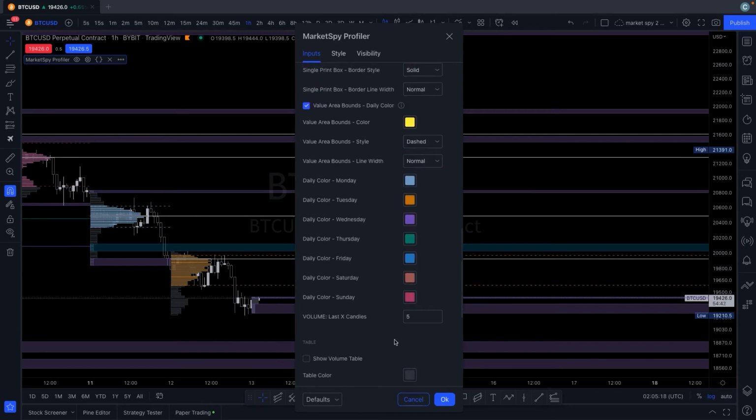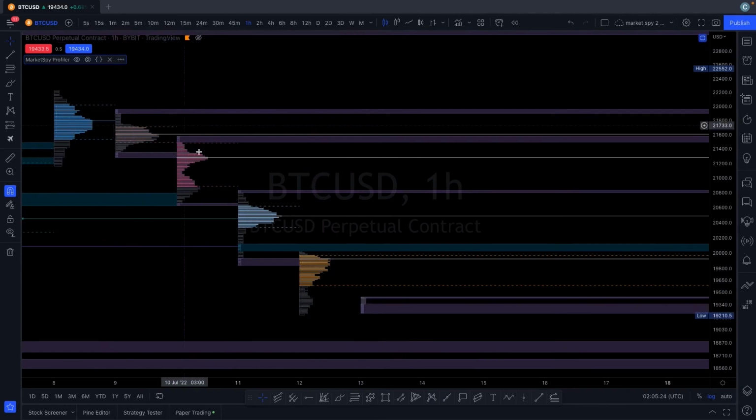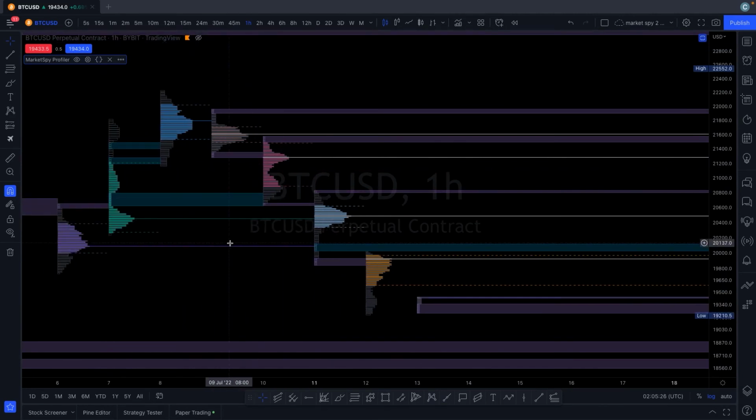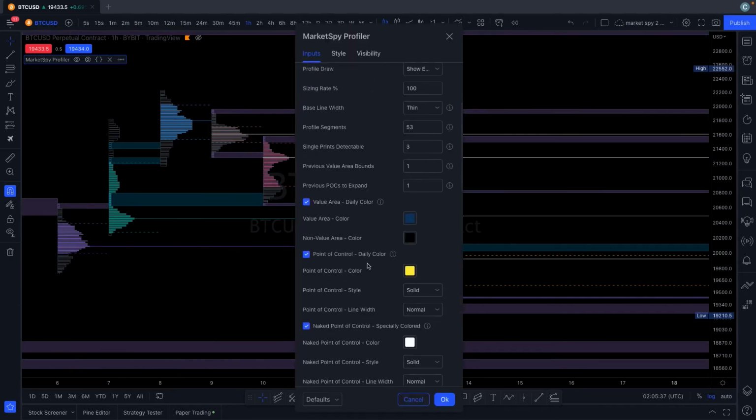And now that we have went over the basic functions and what things are in the market profile script, I'm just going to show you guys a couple features that it has to help you. And so we have the colors of these currently, but for some of you, you may want the same color profile. You can have that.